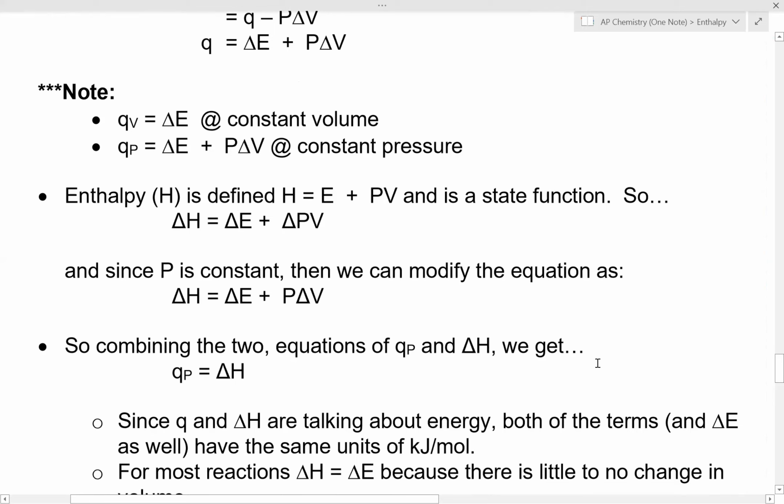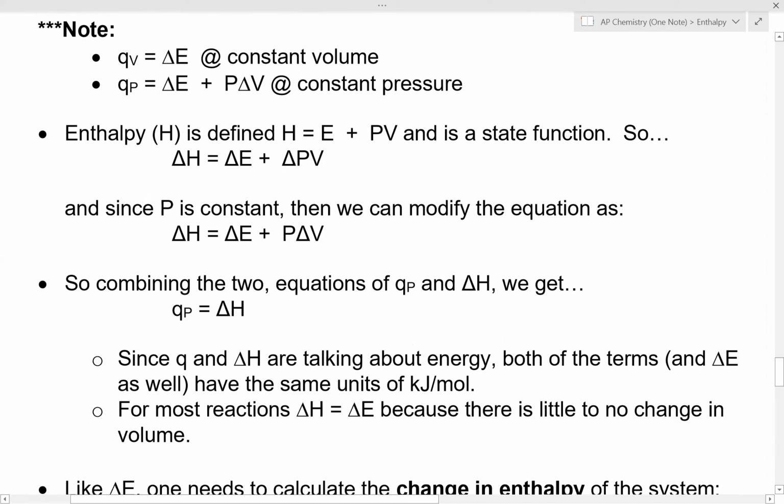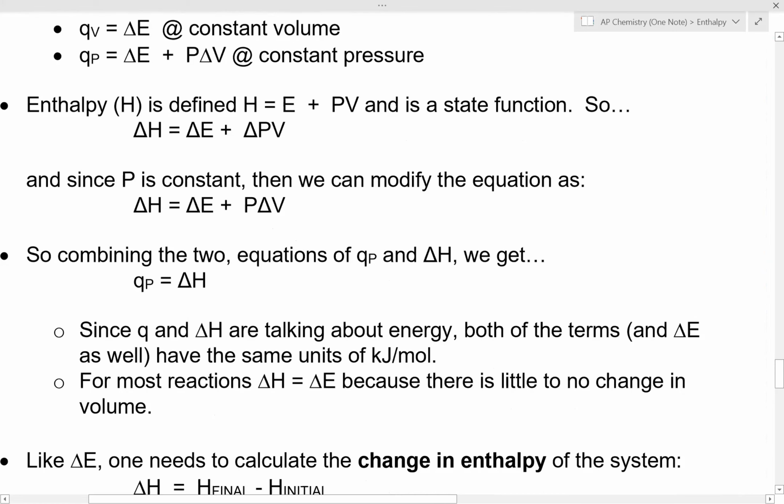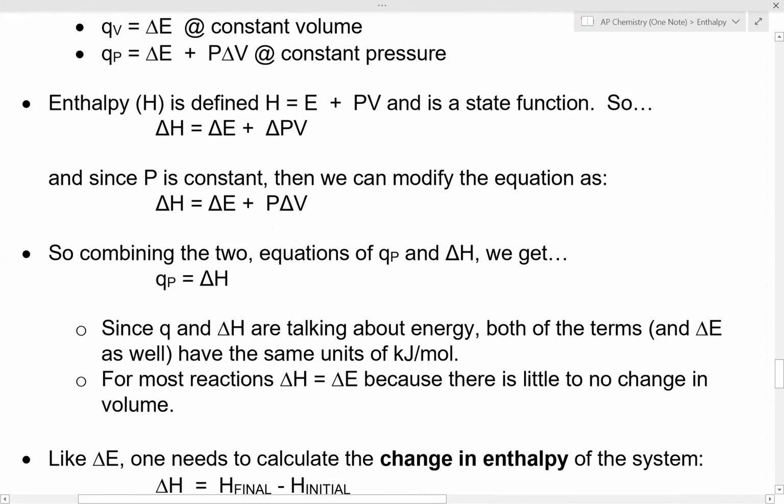Now, when we talk about constant pressure, usually we're talking about atmospheric pressure because reactions occur at sea level. Since Q and delta H are talking about energy, both terms have the same units of kilojoules per mole.